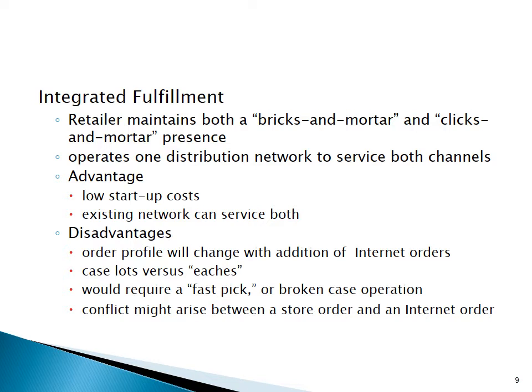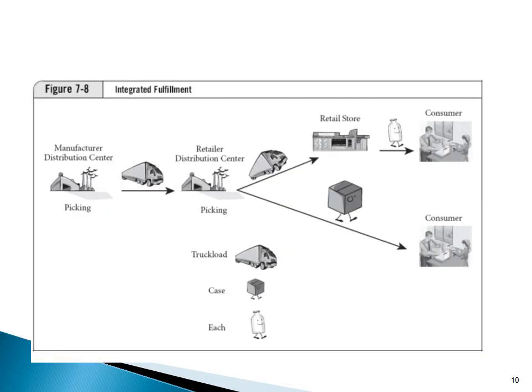If I move to the figure which talks about this, let me move to the next slide. In this slide, this integrated fulfillment, we see that the truck is used for picking goods from the retail distribution center and sending it to the retail store. From the retail store, consumers can buy things in each units.